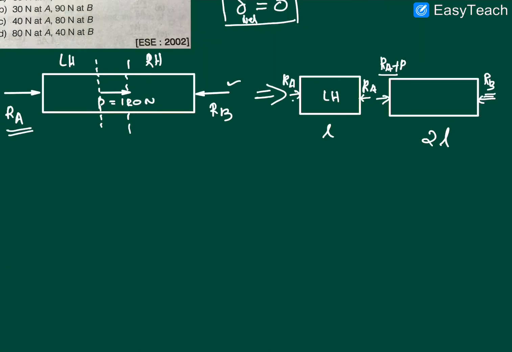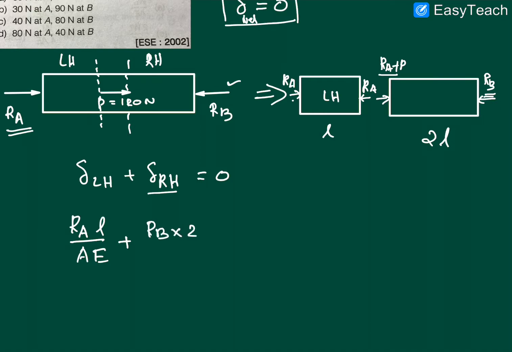Therefore, we can write the constraint equation: delta of LH plus delta of RH goes to 0. So delta LH is the load Ra into length L divided by AE, plus delta RH, the change in dimension for the right hand side, which is given by Rb into 2L divided by AE.